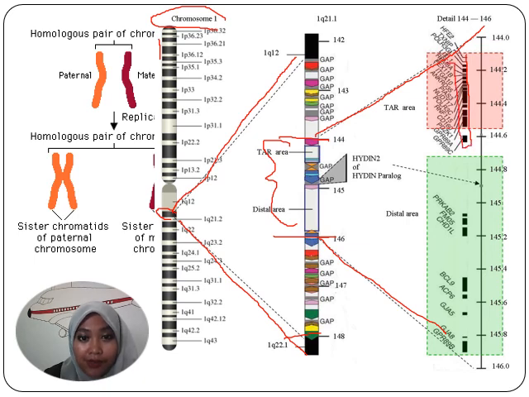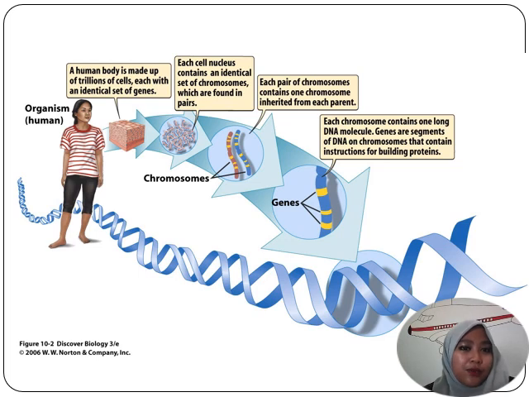So from only one cell, a human is made from trillions of cells, which are identical in genes. They contain chromosomes which are found in pairs, meaning one from the mother and one from the father.